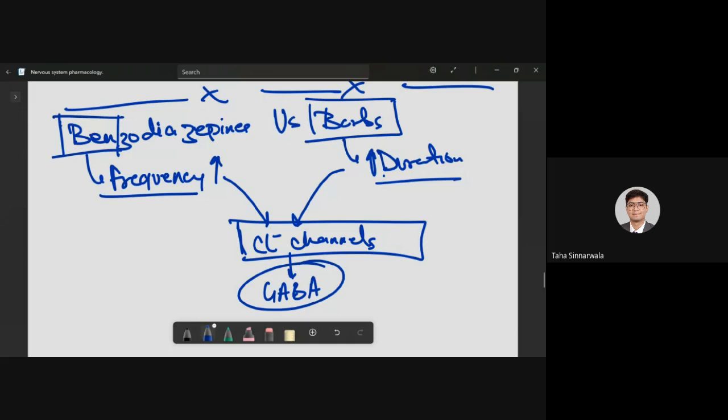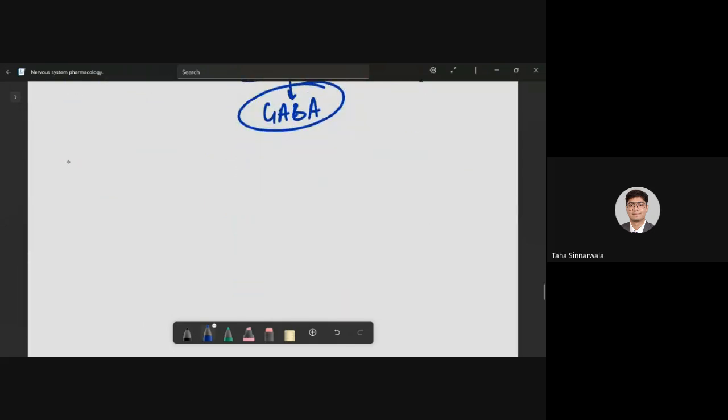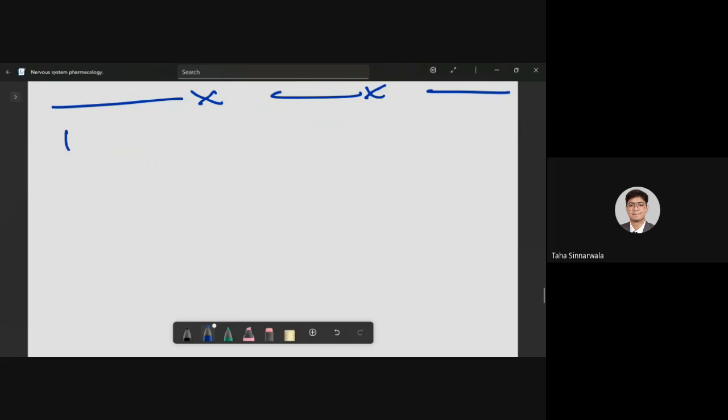Now, one of the most important things for differentiating between these two is that barbiturates are more dangerous. Mark it with a big star.